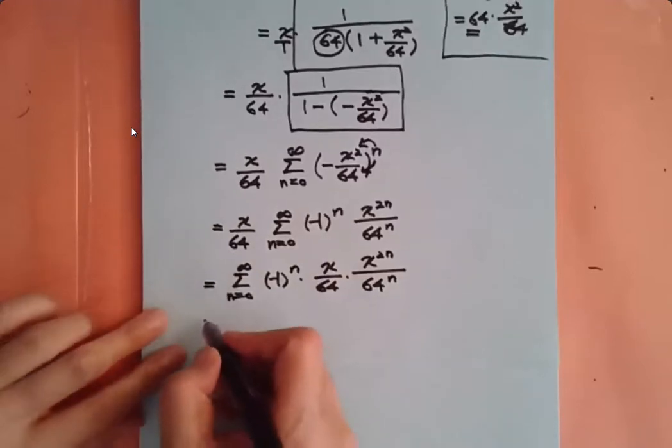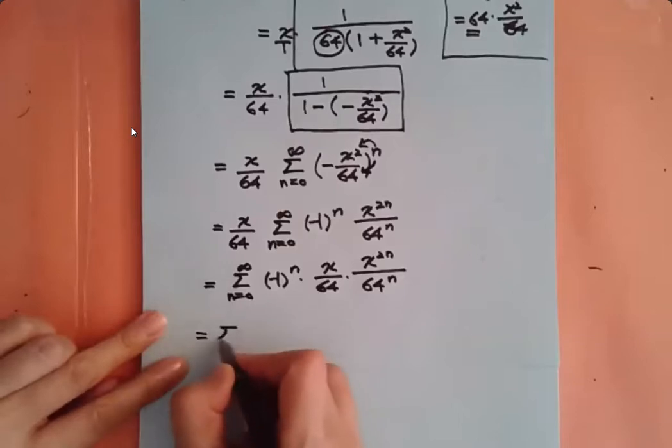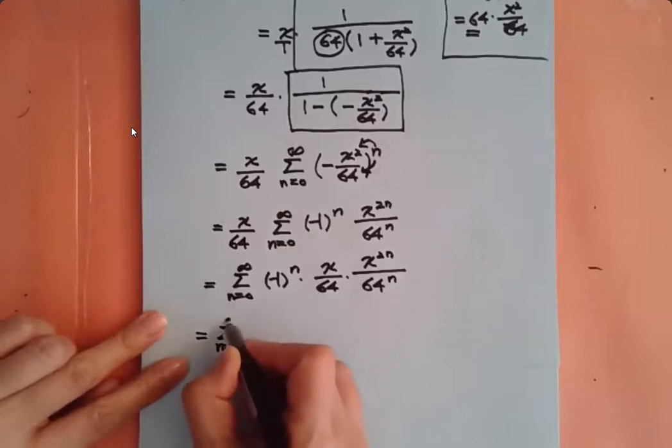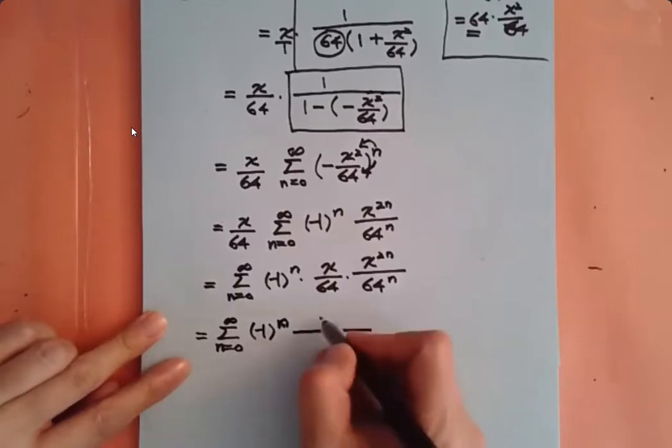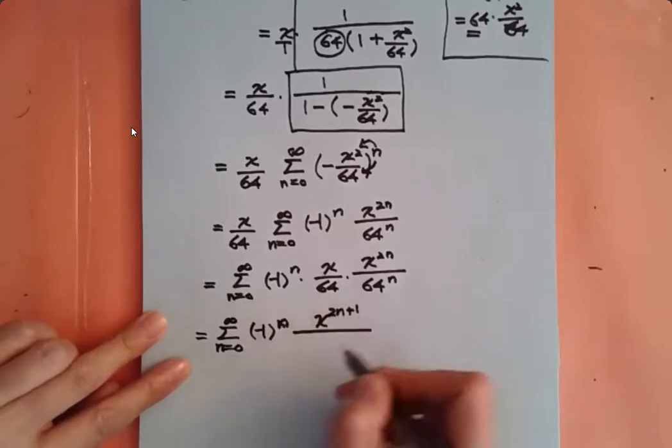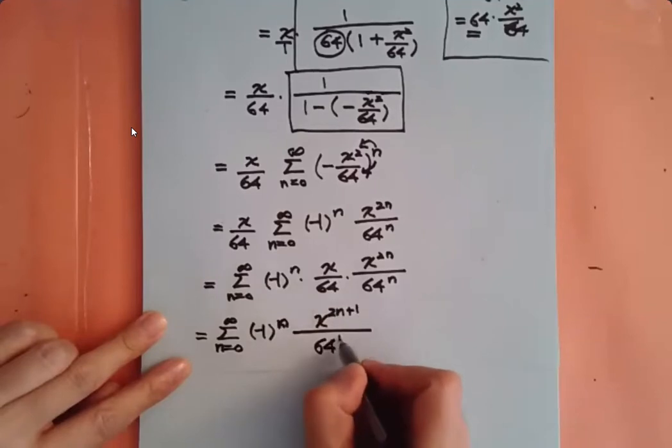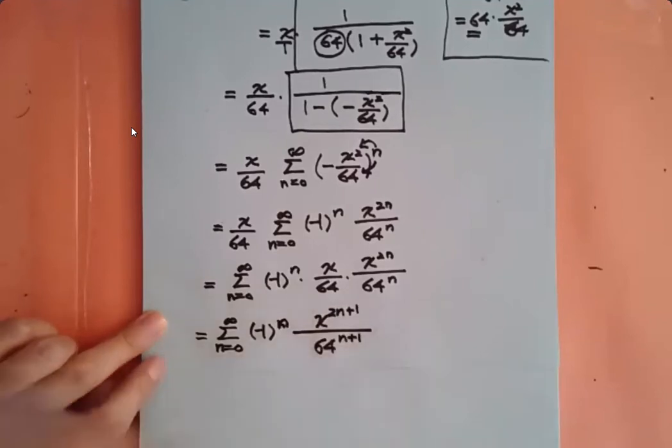And then we combine all those things: the summation n equals 0 to infinity, negative 1 to the n power, x to the 2n plus 1 power, over 64 to the n plus 1 power.